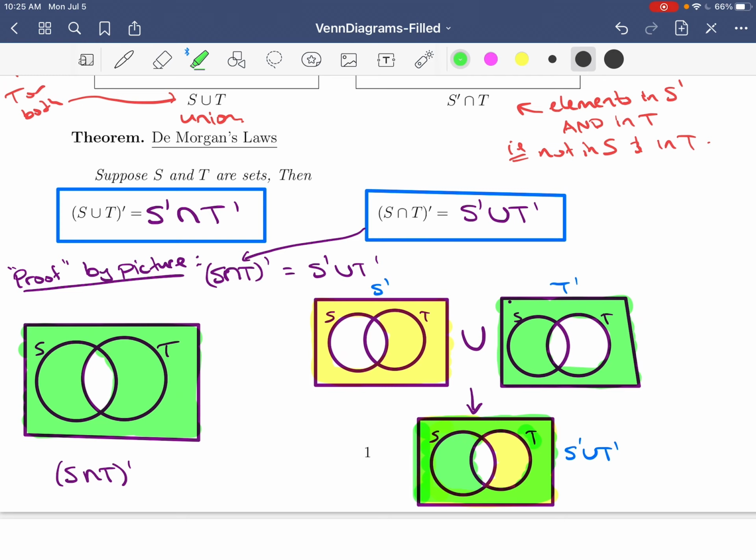So then you can see the only bit that we didn't shade is that middle bit. So what it ends up being is everything that was shaded. I'm just going to shade it again in pink. So it ends up being all of that. So that's how you do the shading. Now it looks different because they're all different colors, but it should be all the same. Maybe if I shade this one again, it will get darker.